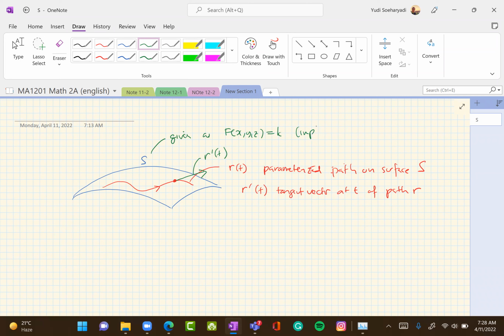So this is implicit expressions. All right, so let's see that one here.